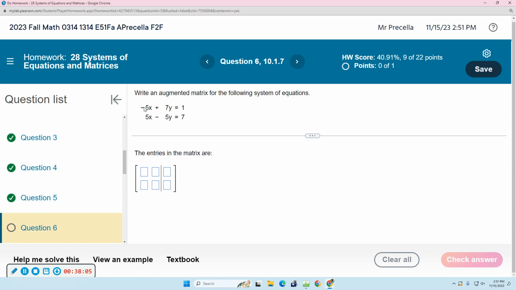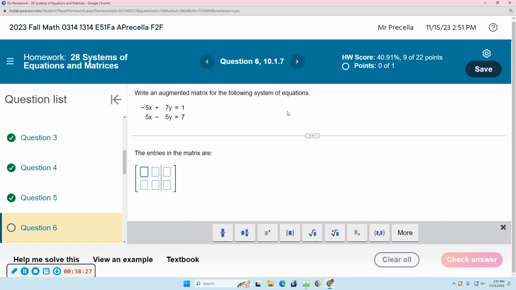Notice, to set up an augmented matrix, it's just like elimination. You need the like variables already aligned. We have that. We need the constant terms on the other side of the equal sign. We have that. So the first column in the matrix is going to summarize the x coefficients. So the first column, we have a -5 and a +5.